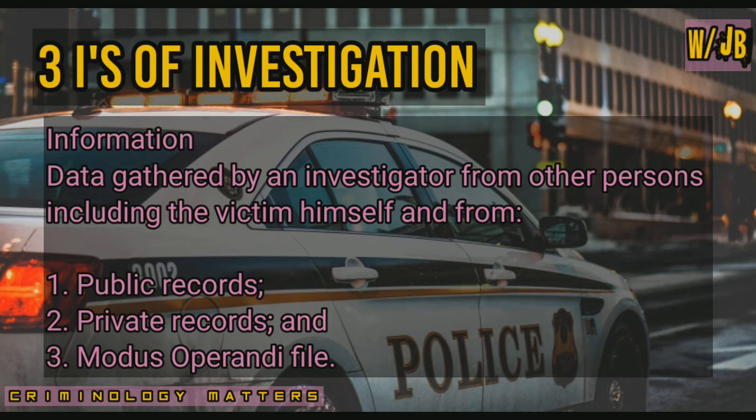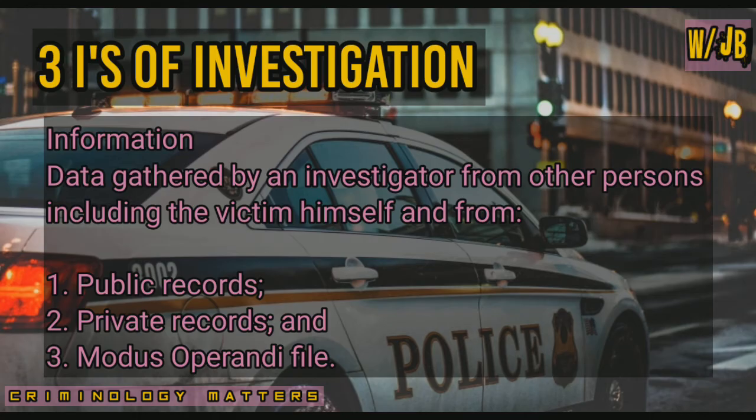Another thing is the private records. So these are information that is within the custody of a private person, private organization, private companies, and so on. So if we're talking about data that are within the custody of a private organization or private individuals, then we can consider that as a private record, such as, for example, a bank transaction.